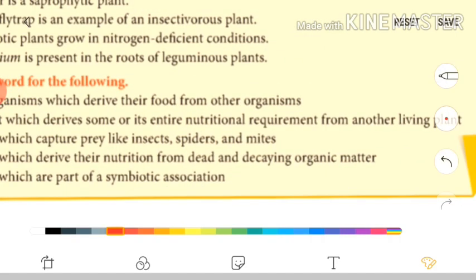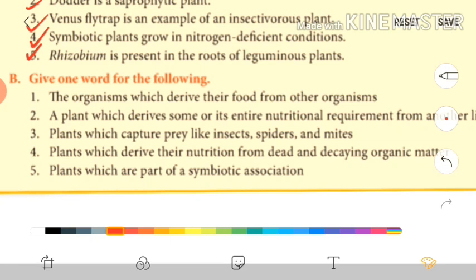Now give one word. So the first one, the organisms which derive their food from other organisms, so it is called as heterotrophs, right?